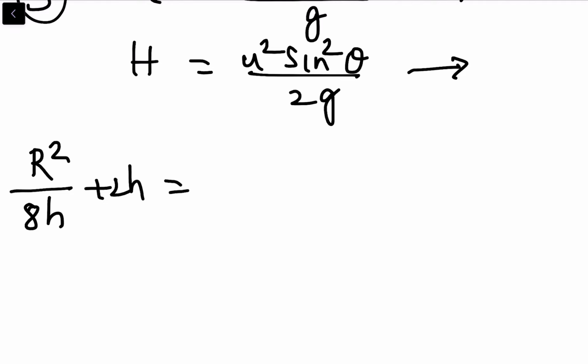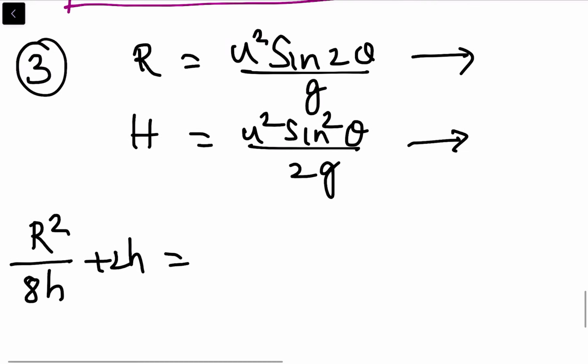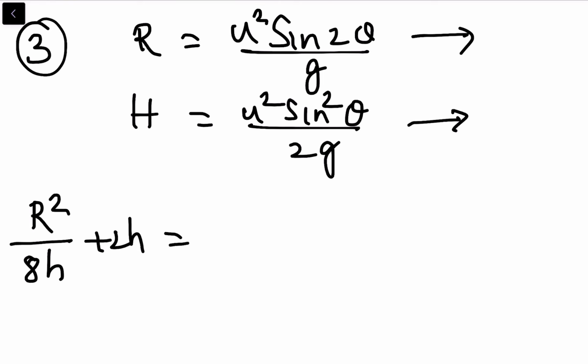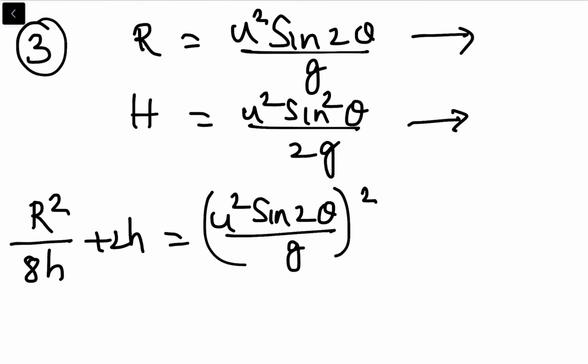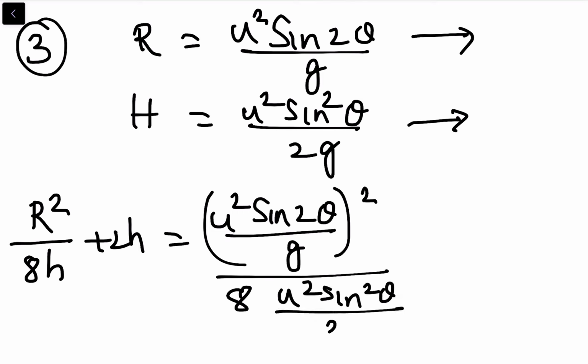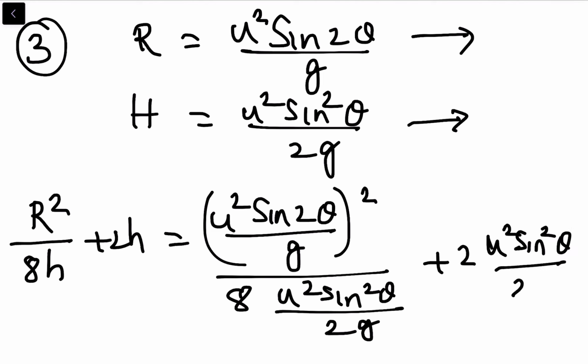So let us take as they have given. R means u square sine 2 theta by G, whole square, and then that is divided by 8 into H, which is u square sine square theta by 2G, plus 2H again, u square sine square theta by 2G.